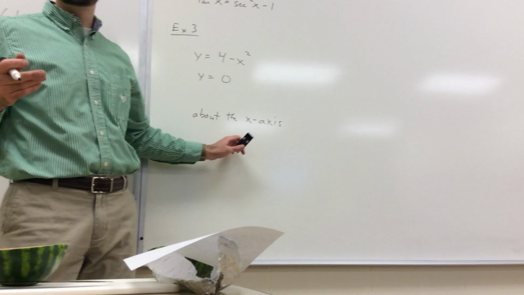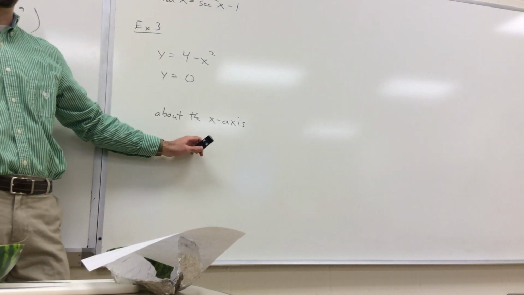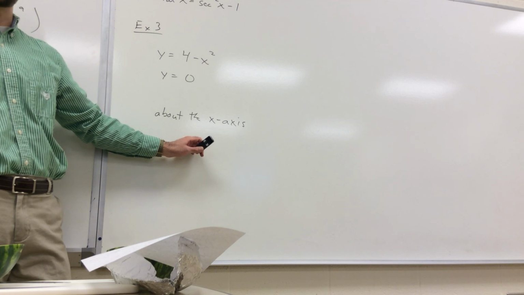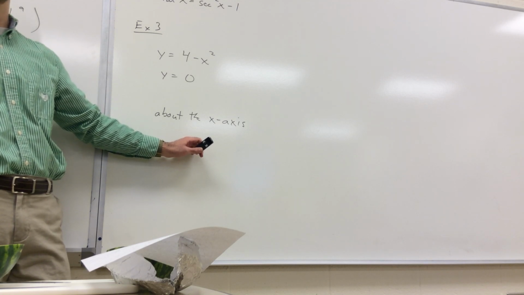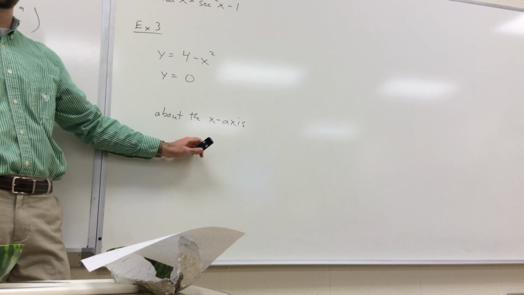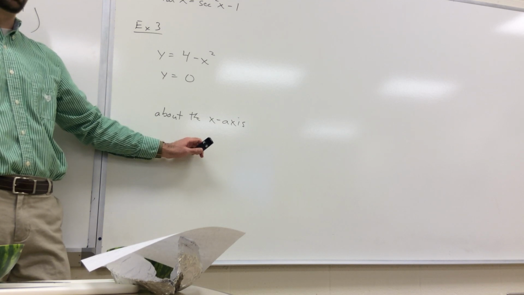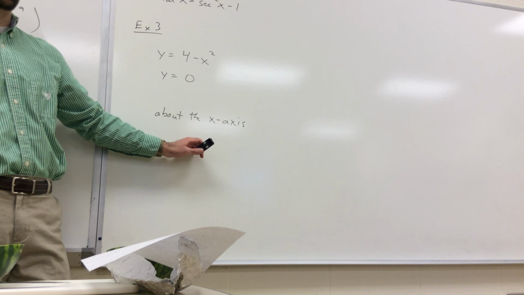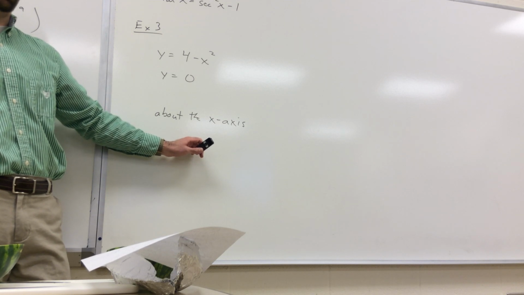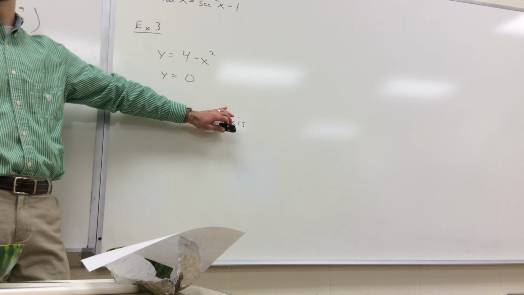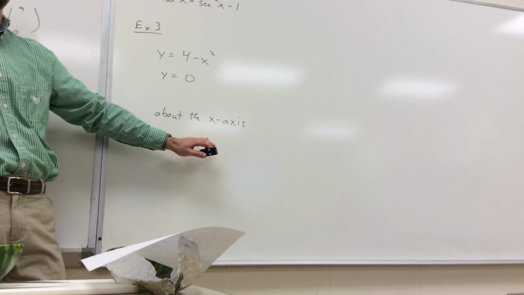So at this point, I'm not writing out the full question, right? So what does the full question say? Find the volume of the solid obtained by revolving the region bounded by those two curves about the x-axis. You with me?